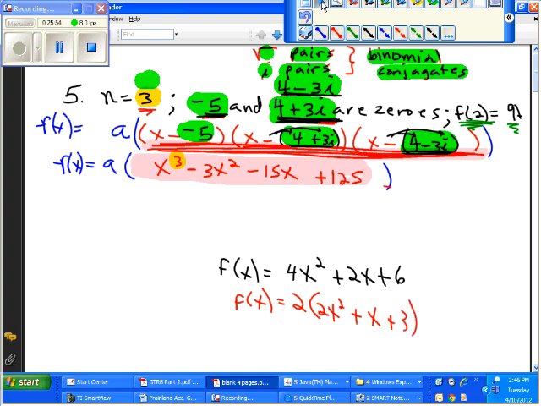And so that 4x squared plus 2x plus 6 could appear by taking its roots as 2x squared plus x plus 3, a reduced version of the original.